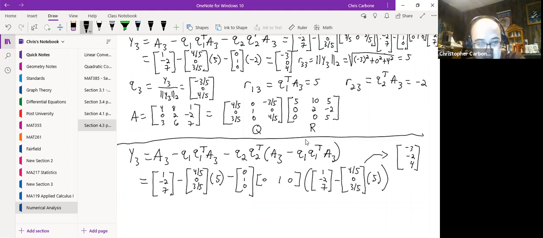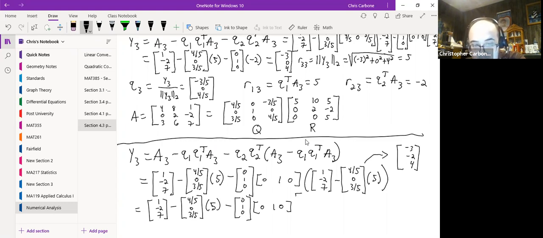So we could slightly rewrite that equation as 1, negative 2, 7 minus 4/5, 0, 3/5 times 5 minus 0, 1, 0 times 0, 1, 0 transpose times now this vector negative 3, negative 2, and 4.